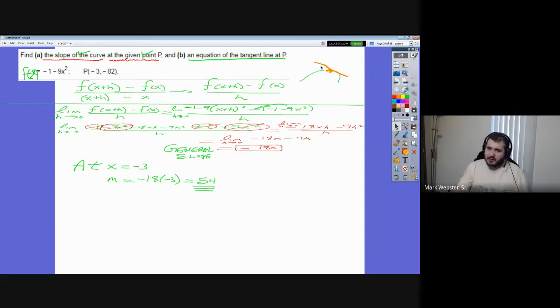It's going to be the line that sort of skips right off the top of the curve at that spot. The slope of that tangent line is this. This is what we just found. This is the slope of the tangent line.